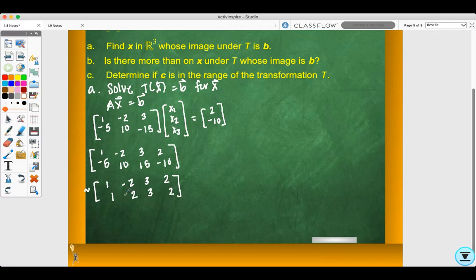So this would be negative, and that would be positive. So now what I'm going to do is take row 2 minus row 1, and that would give me all zeros.